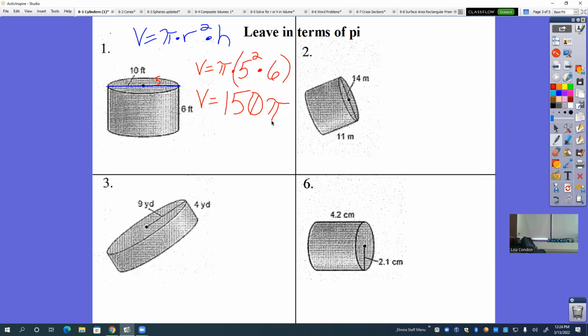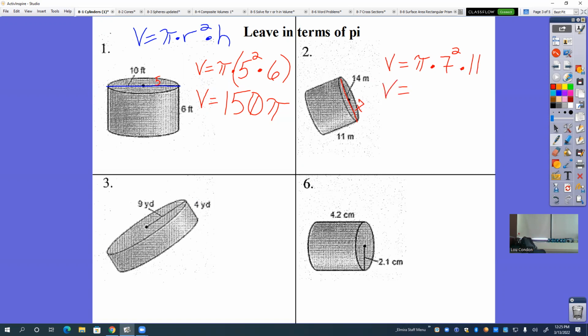Again, we have a diameter, all the way across. If the diameter is 14, then 7 would be halfway. So we would have V equals pi times 7 squared times 11.